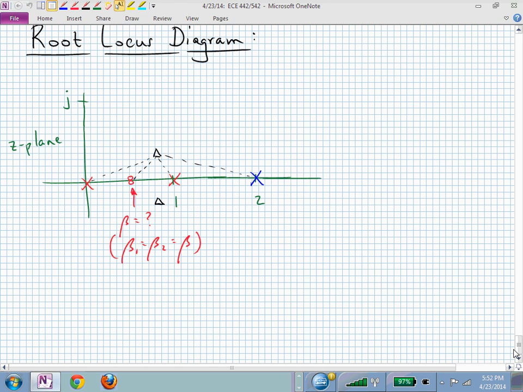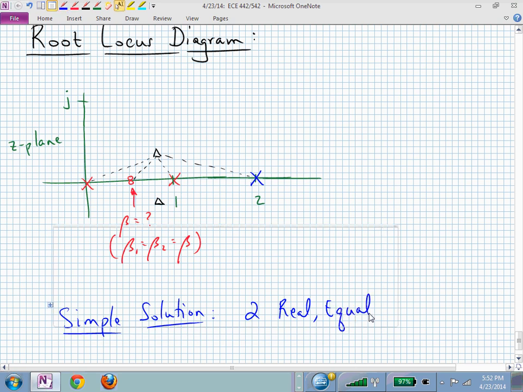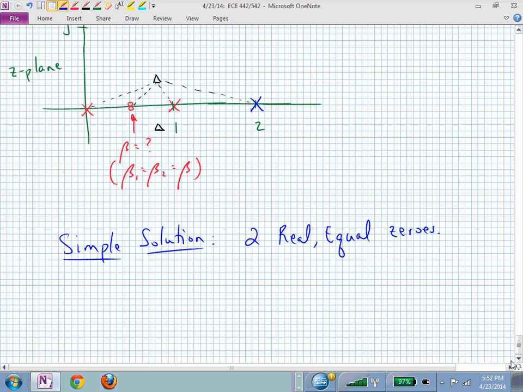So this is a simple solution. Let me say, now I'm going to assume a simple solution that is made up of two real equal zeros.